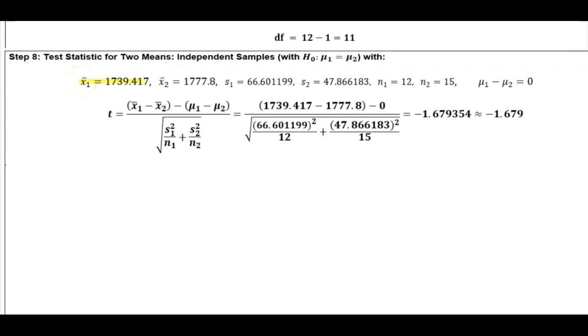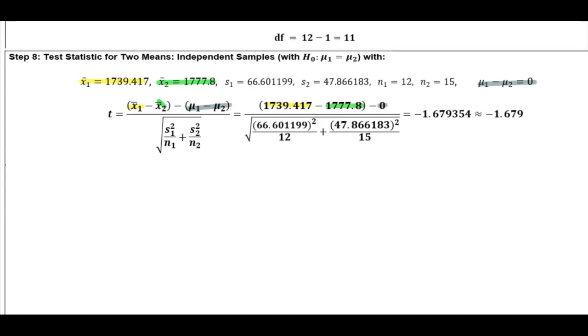So we have sample mean 1, which is 1739.417. And then we have sample mean 2, which is minus 1777.8. Okay, and then we're subtracting the following, the population mean 1 minus population mean 2, which is equal to 0.